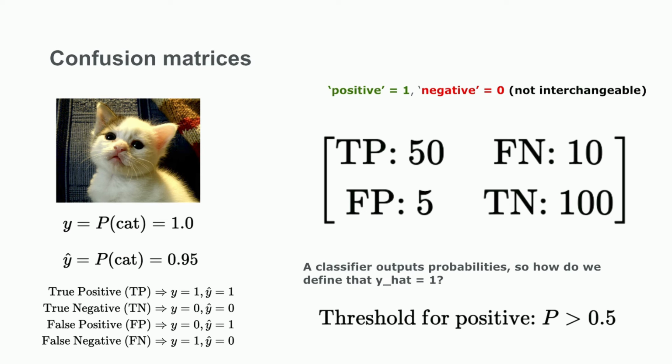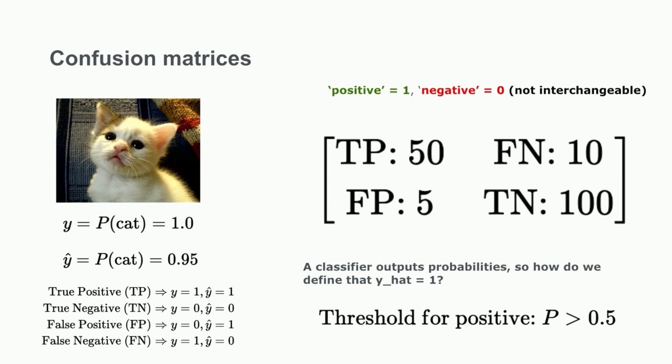And then the other two cases where we're making mistakes, the false negatives. A false negative is when we're saying that the image is not a cat, but is actually a cat. And a false positive is when we're saying that the image is a cat, but is actually not a cat in the ground truth. So this matrix will have the counts for a bunch of test cases.